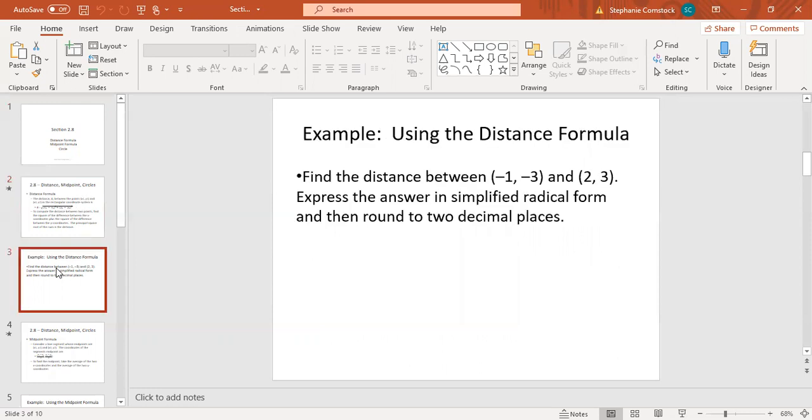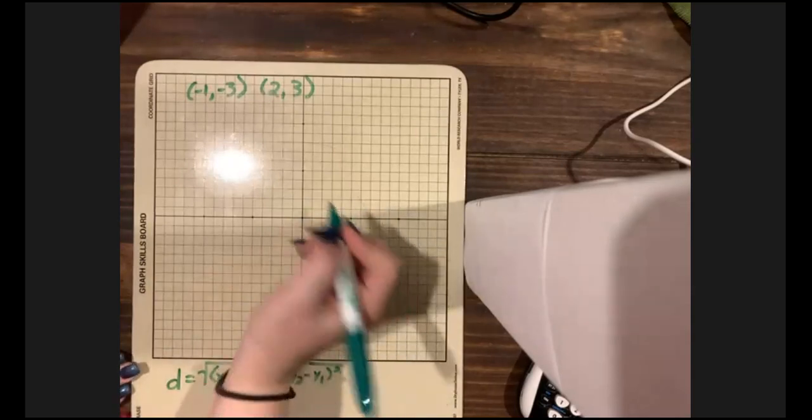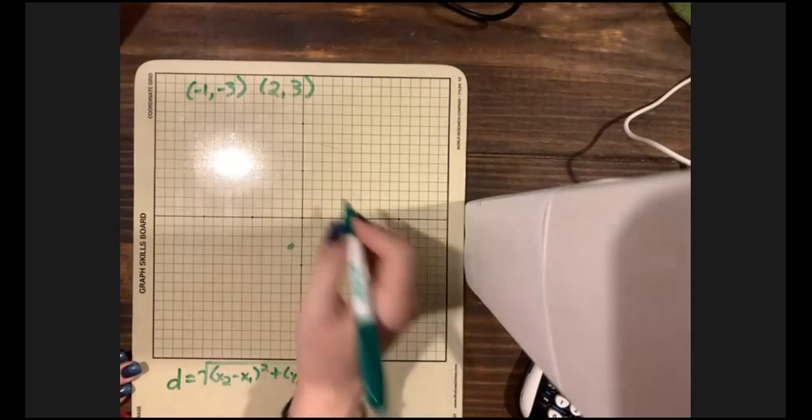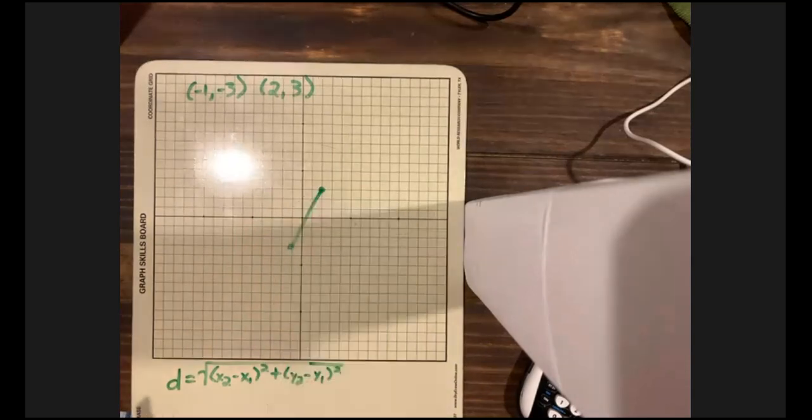So they're asking us to find the distance between (-1, -3) and (2, 3), okay? So now then, we're going to plot these 2 points. I've got (-1, -3), it's going to be here. And I've got (2, 3), which will be here. And we're now looking for this distance, okay?